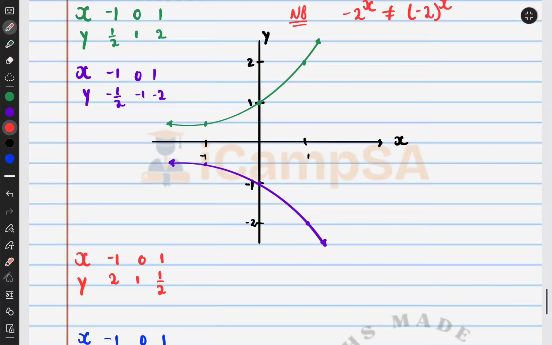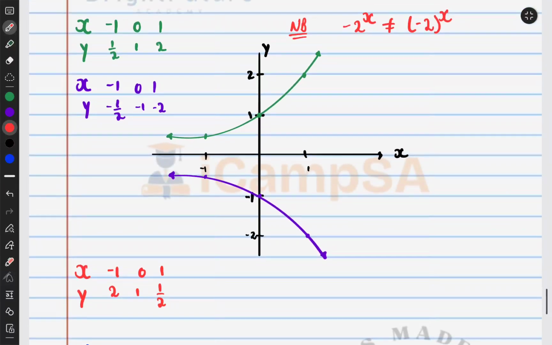Okay, and then next let's sketch function number c. We have -1 and 2 here, 0 and 1, and then we have 1 and half here, just like we did with the other ones.